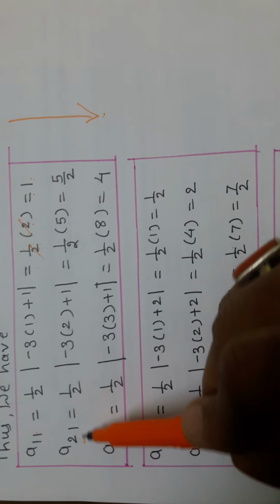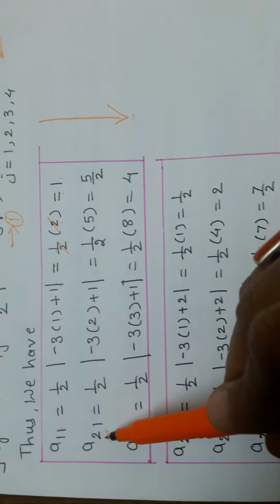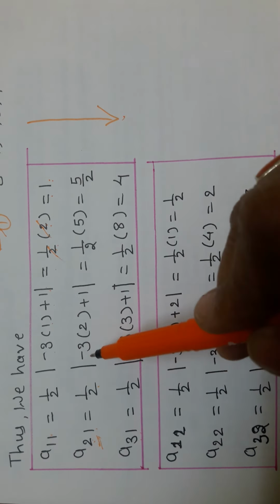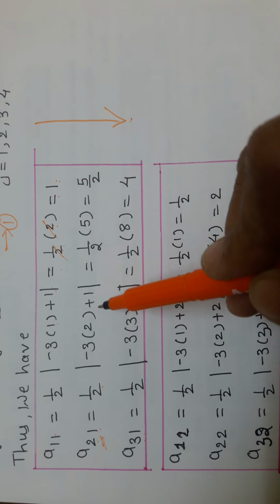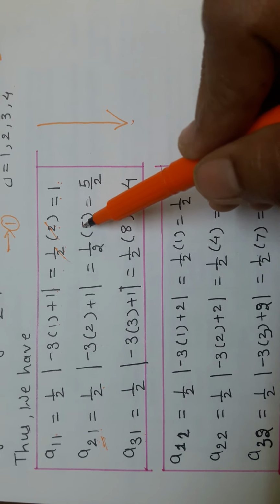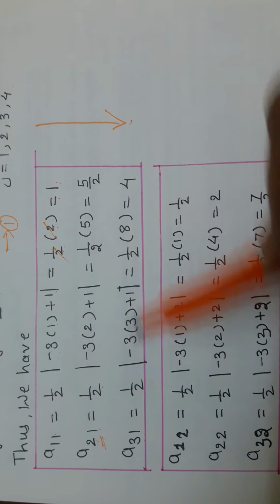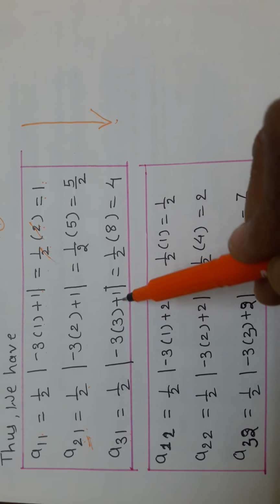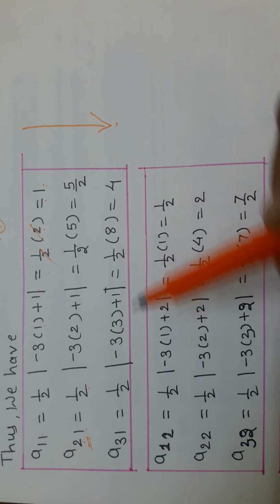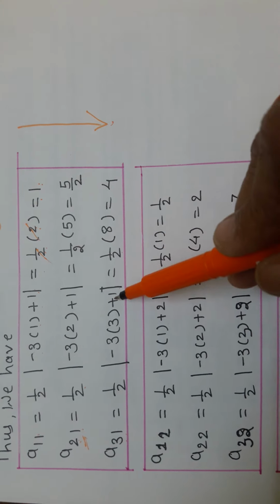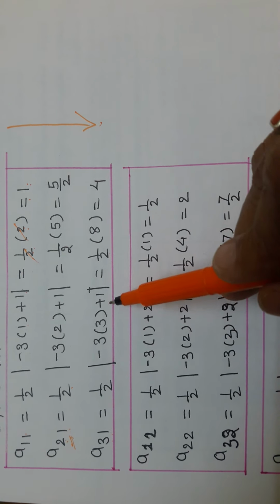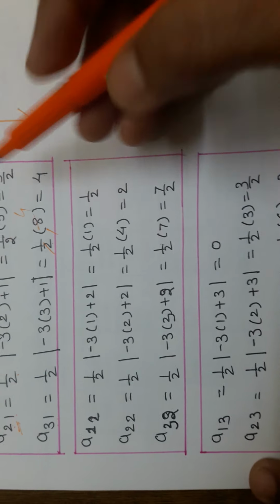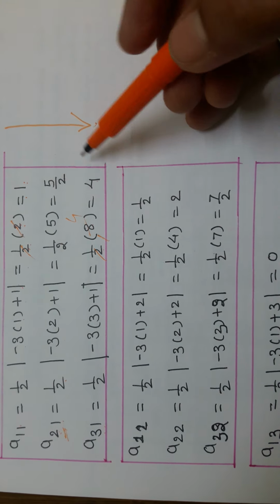Second, A21 means here we have to substitute the value of i is 2, but j is only 1. 1 by 2 mod of minus 3 into 2 means minus 6 plus 1 means minus 5, so 1 by 2 into 5 means 5 by 2. A31 is equal to 1 by 2 mod of minus 3 into 3 plus 1, which is equal to 1 by 2 mod of minus 3 3s are 9 plus 1 means minus 8, but mod of minus 8 is nothing but 8, that's why 1 by 2 into 8 is 4. Thus we get here the first column.